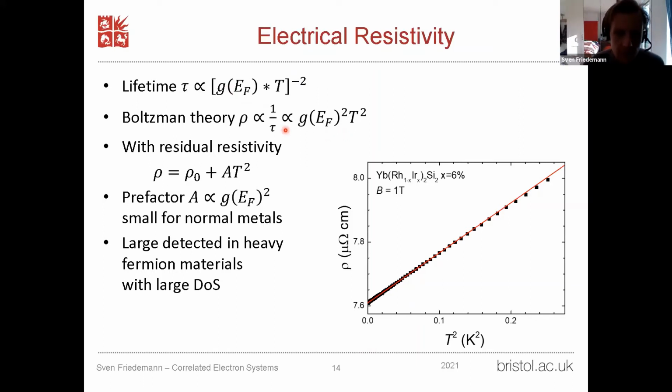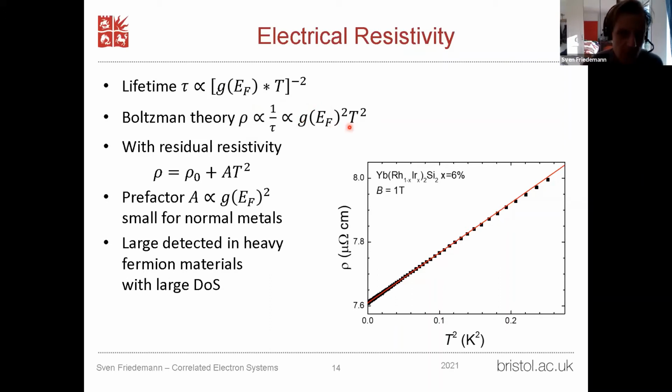Now we've already had the conductivity proportional to the relaxation rate. In reverse, of course, that means that the resistivity is proportional to 1 over the relaxation rate, and hence this T squared and density of states squared is going to show up as a proportionality in the resistivity.